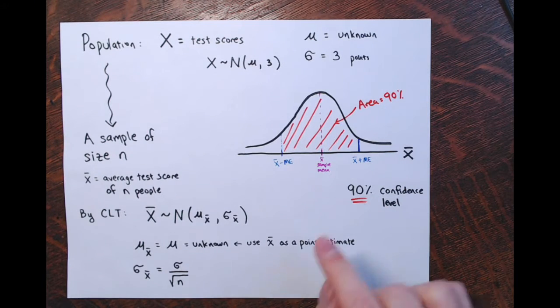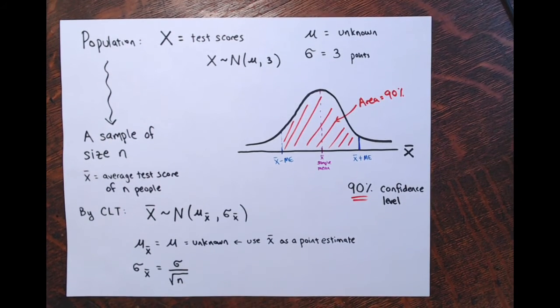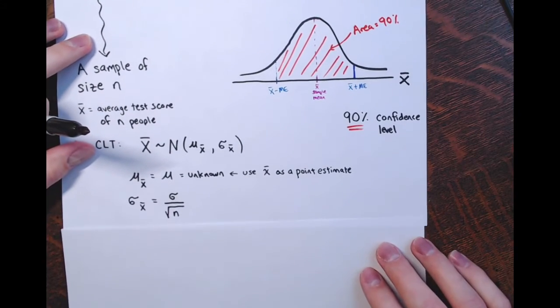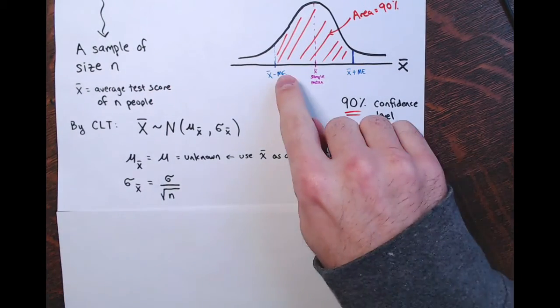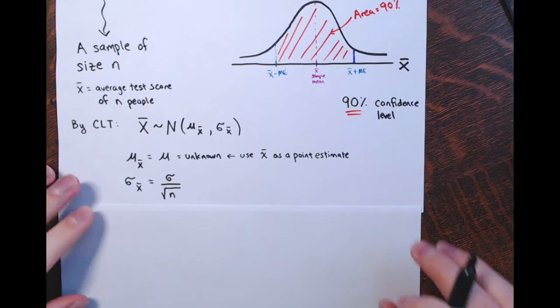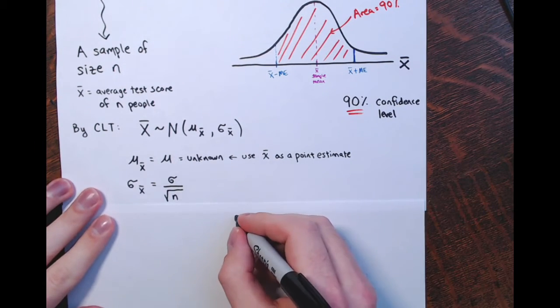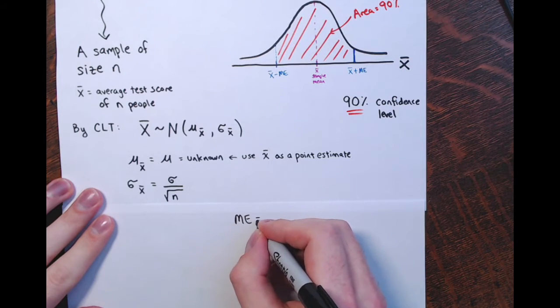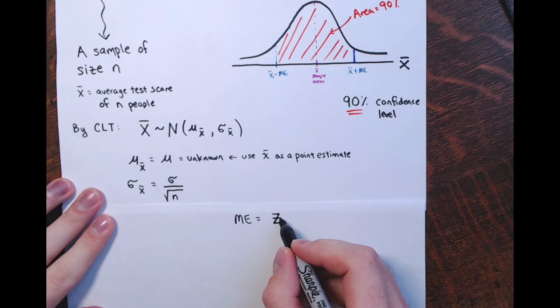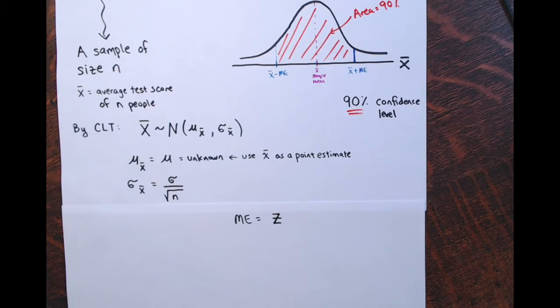Now remember the margin of error. Here's a formula that you'll have seen by this point. Remember this margin of error is just a certain number of standard deviations. So recall that the margin of error is some z-score, the z-score with a certain percentage above it.